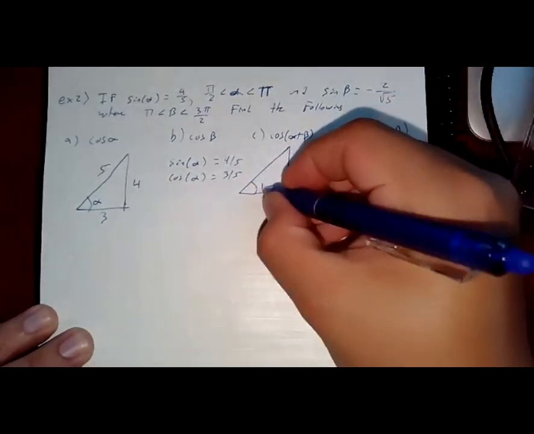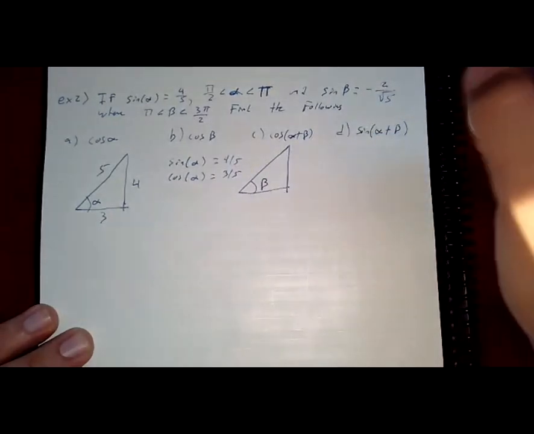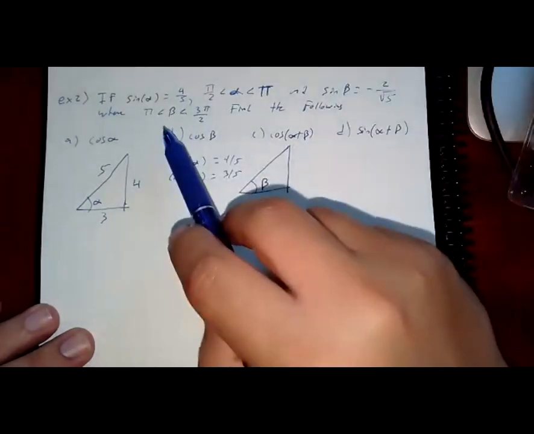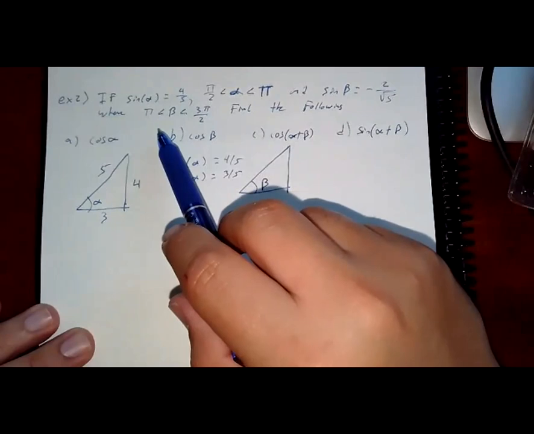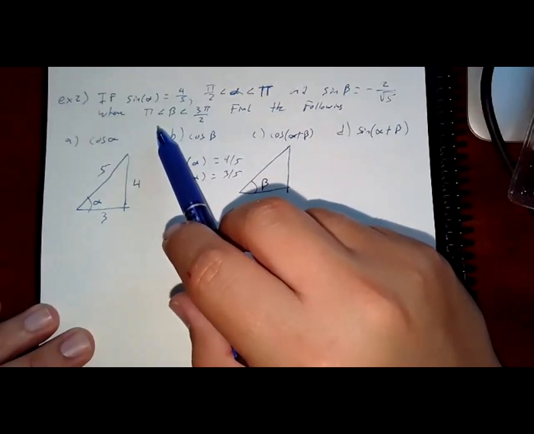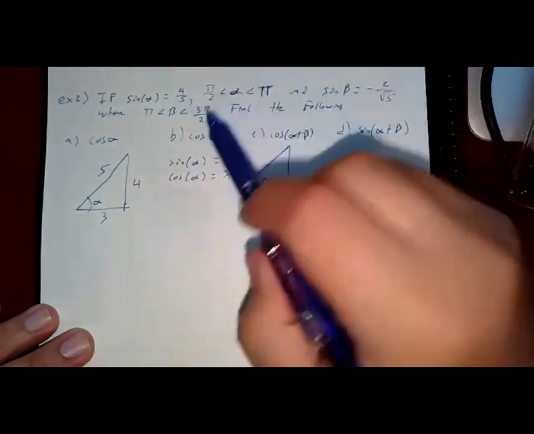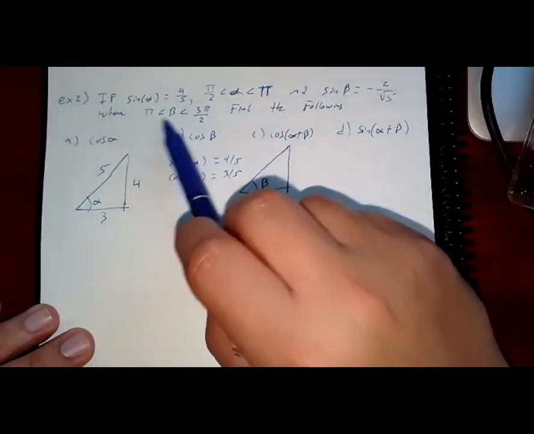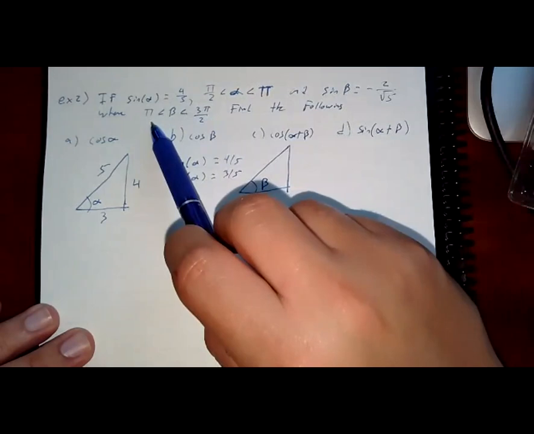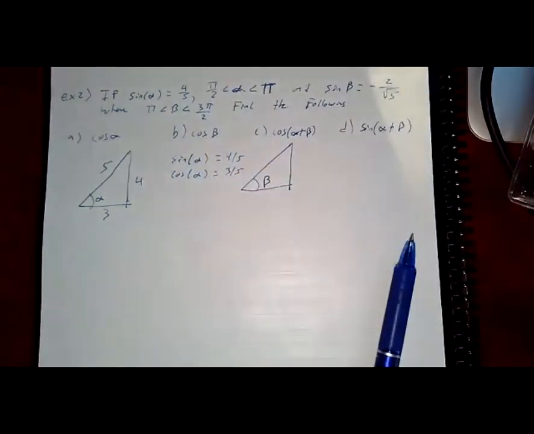So for beta, we have beta in which quadrant? It's from pi to 3 pi over 2. Yeah, it's going to be the third one. Let me pull up the circle so you can see it.